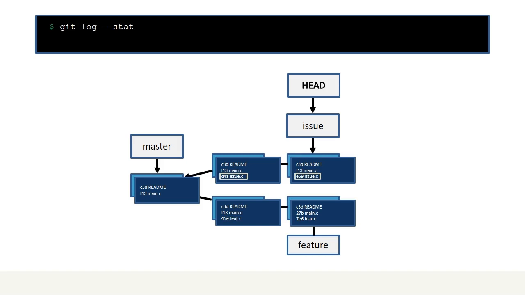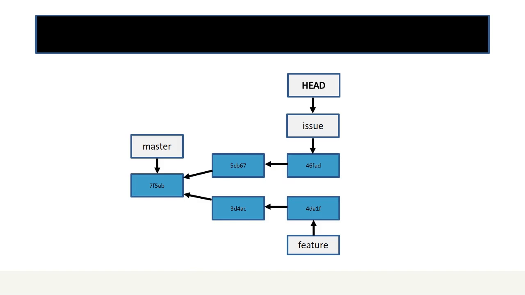Again, this issue.c on the issue branch didn't exist in the commit that master is still pointing to, but from the first commit to the second, it went from D4A, which again, that's the hash, to E59. Therefore, it must have changed. So in the first commit, that file was added. In the second commit, it was actually modified. And that concludes our lesson on Git branching.